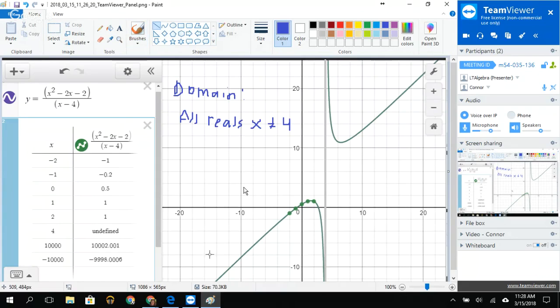The asymptote actually goes like along here. So there's kind of a weird asymptote that goes on, and then there's a break in my domain and my range. Yeah, so there's a break in my domain and range.